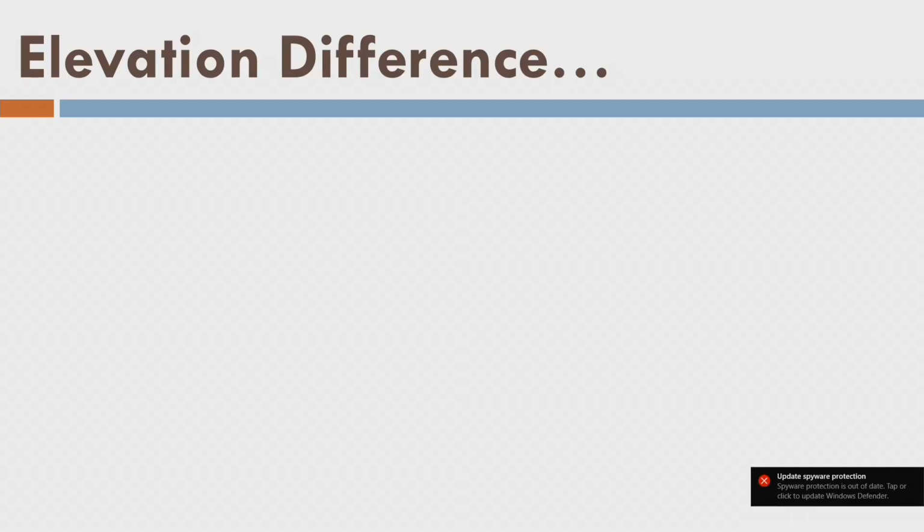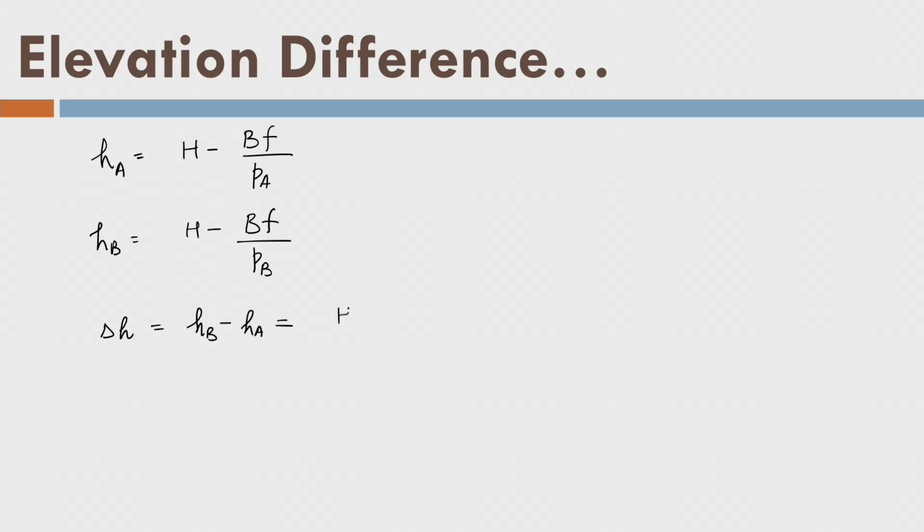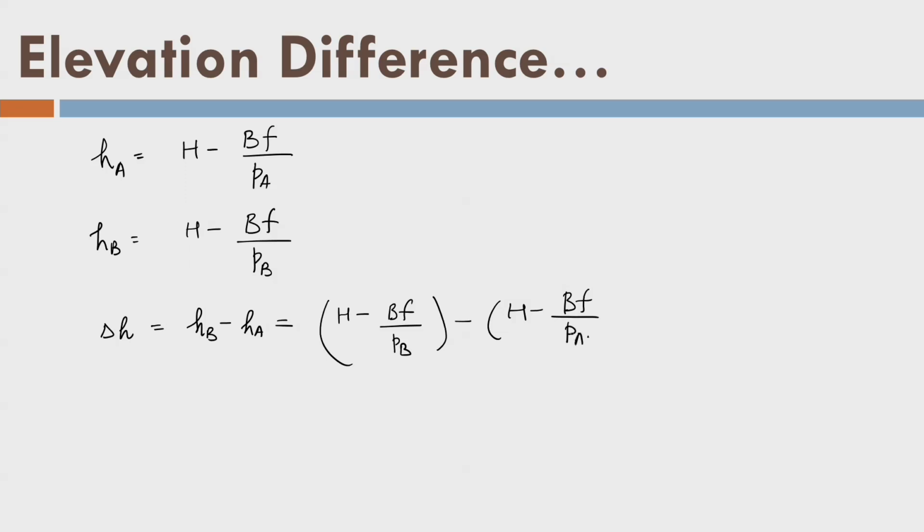So, let us look into that now. Let us do some derivation by hand. HA is nothing but capital H minus B into F divided by PA. Similarly, I wrote HB is equal to H minus B into F by PB. Now, I can say delta H, which is the difference of the two points, HB minus HA, because HB is higher and HA is smaller than HB. So, I can write H minus BF upon PB minus H minus BF upon PA.